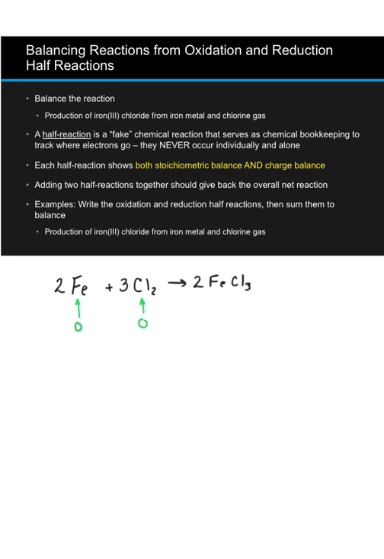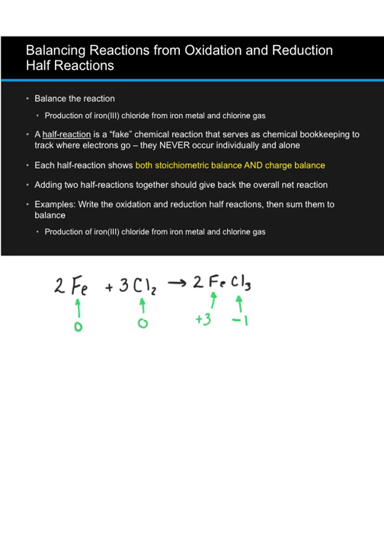However, on the product side, in the compound iron 3 chloride, chlorine is the most electronegative element and gets an oxidation state of -1. Iron must have an oxidation state of +3 to compensate for all three of the chlorines' -1 oxidation states.